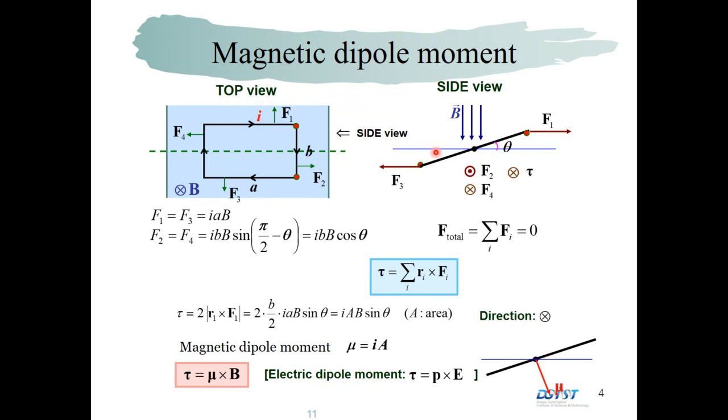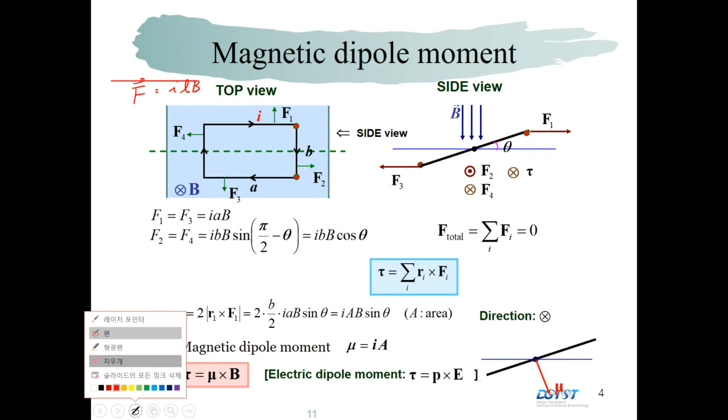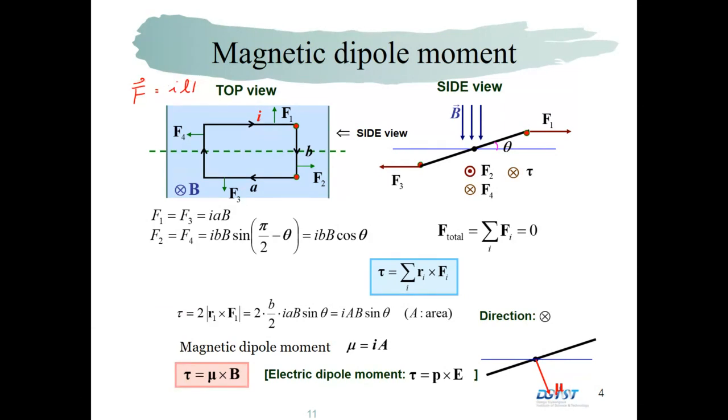Okay, we already know the force acting on a wire with current I. I hope you remember this relation. This came from the Lorentz force.